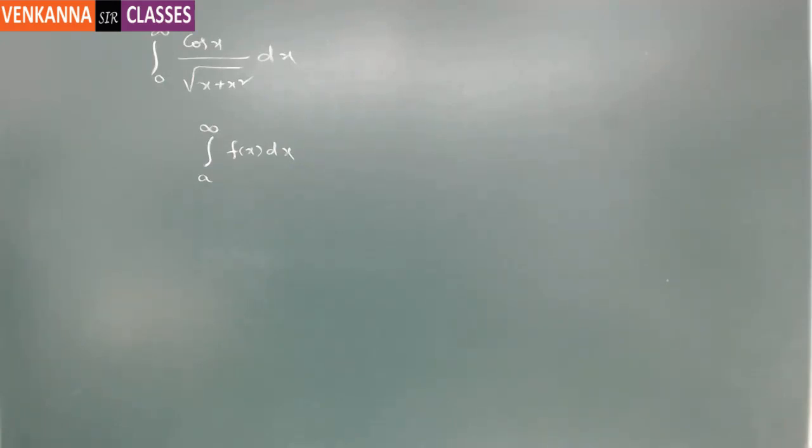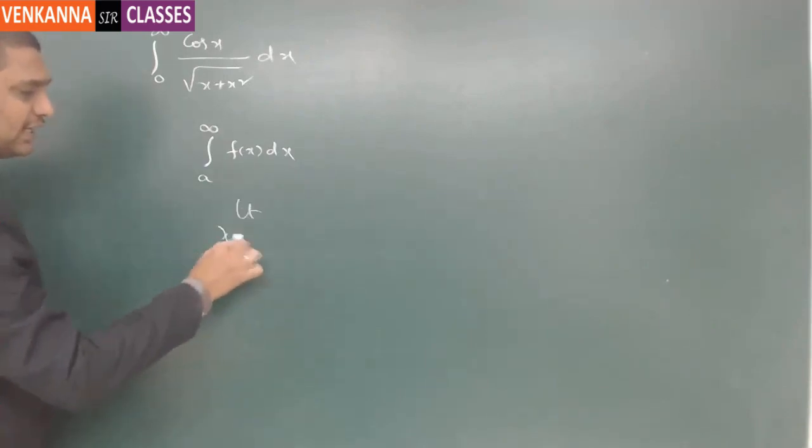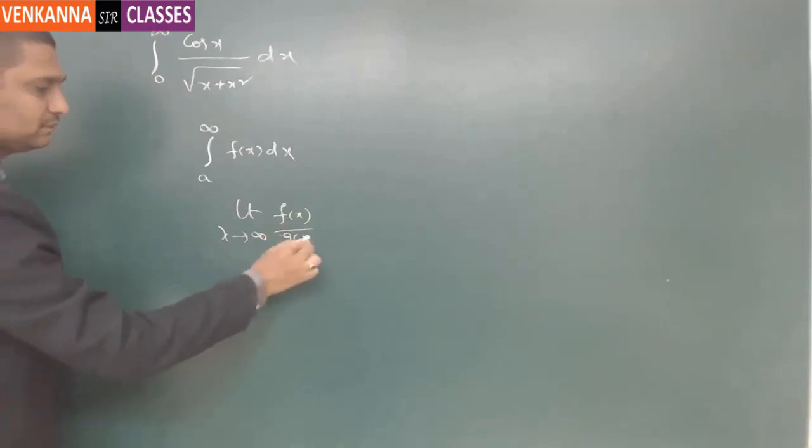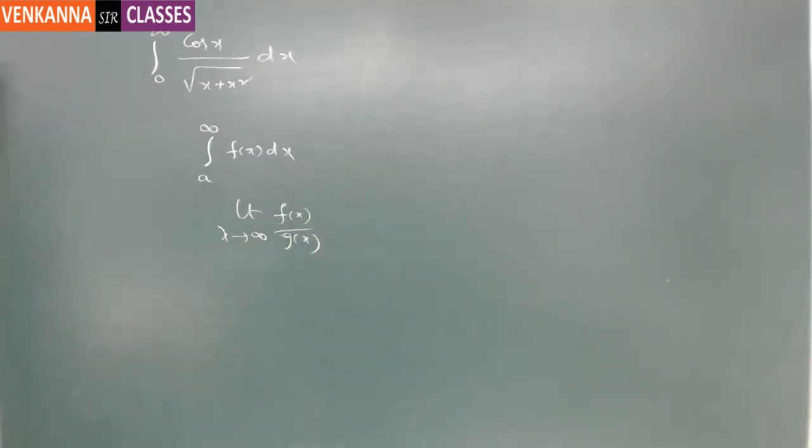You need a function g. Suppose g is also known to you. In that case, we calculate the limit as x tends to infinity of f of x by g of x. The limit part will come whenever you are using the comparison test, whenever you are taking some g and doing f of x by g of x, and you are saying that f is convergent when g is convergent. Clear?